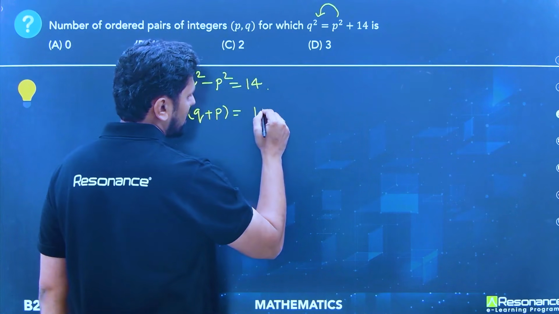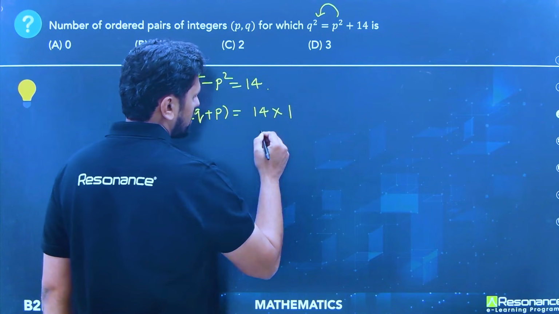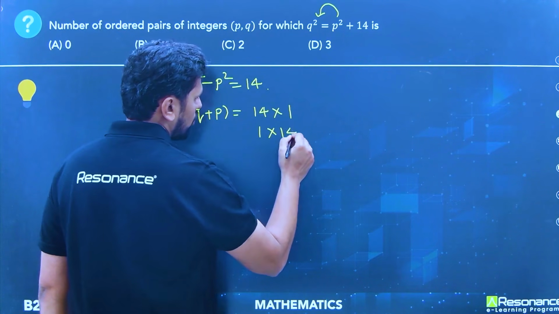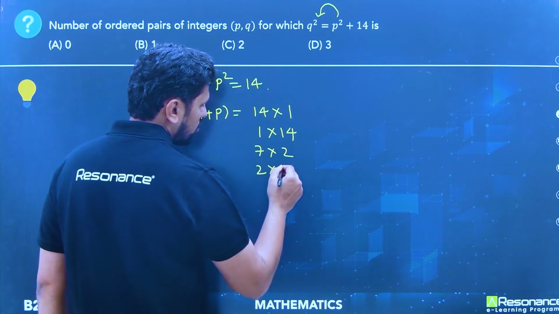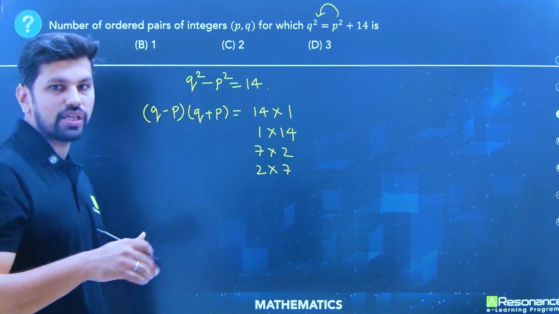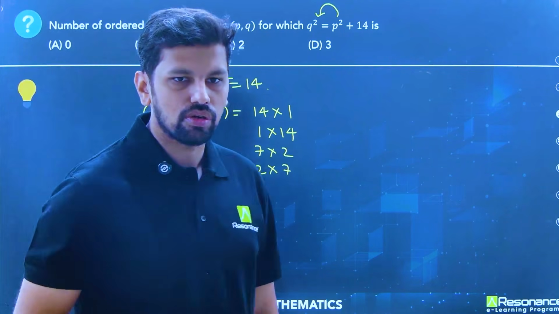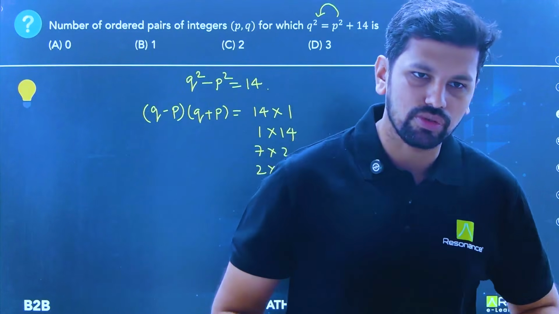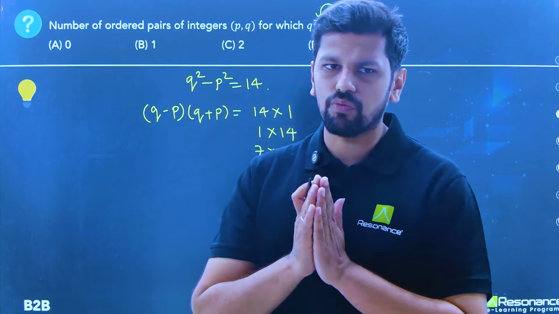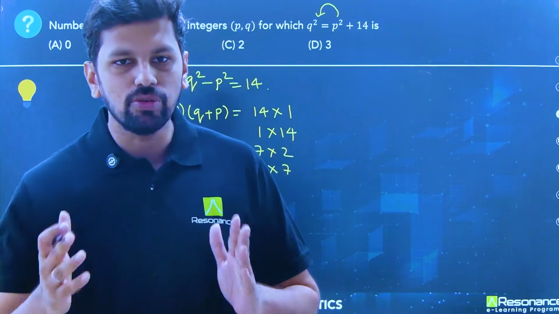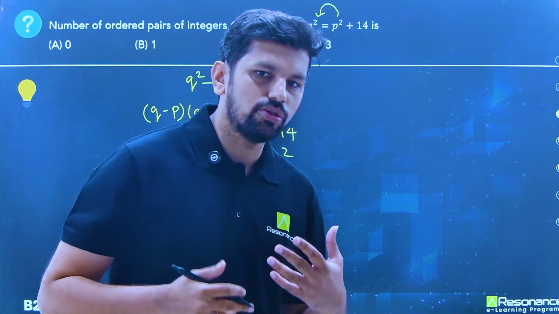We can write this as 14 into 1, 1 into 14, 7 into 2, 2 into 7. Now their negative pairs also, okay? Here we don't want values, we just want how many solutions there will be.